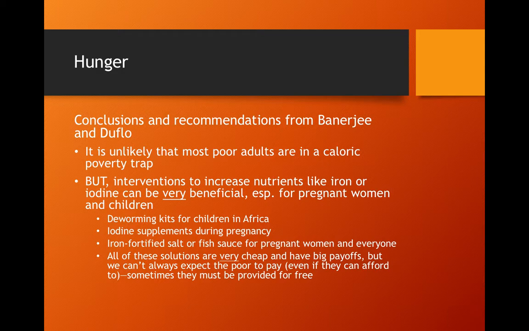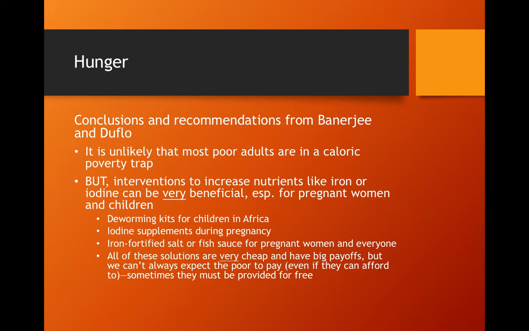And then Banerjee and Duflo point to the importance of these micronutrients. So one thing is iodine during pregnancy. When women don't get enough of this nutrient during pregnancy, that can impair a child's development, so that the child doesn't do as well in school later in life. But iodine is very cheap.